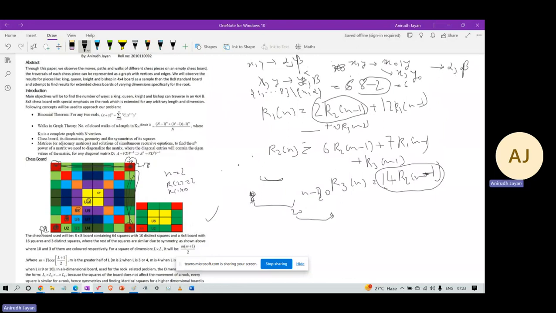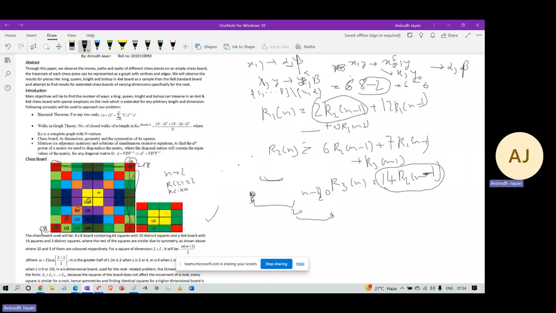Now x to x naught, where x naught is not x and it's not alpha, so it has 6 different ways, and x comma y to x comma y naught, where y naught is not y nor beta, so it also has 6 different options.